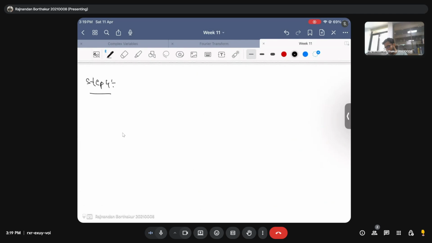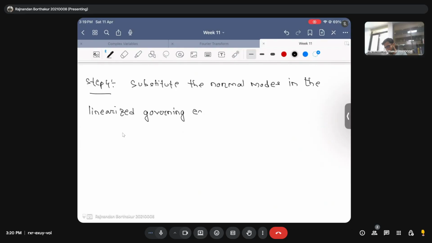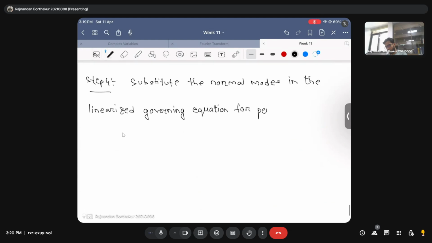So the next step is to substitute the normal modes in the linearized governing equations for disturbances or perturbations. So we derived the governing equations for the perturbations, and what we'll now do is substitute the normal modes into the governing equations.